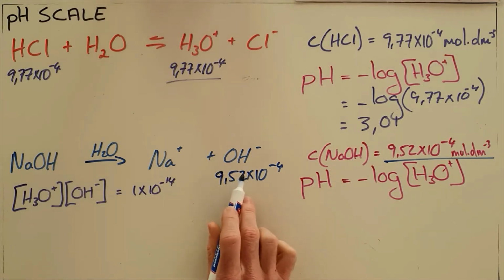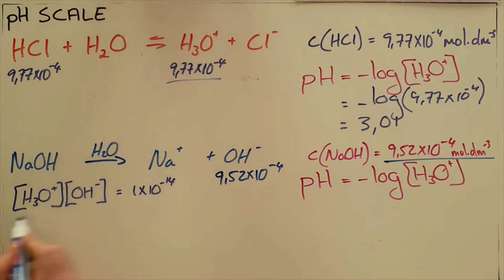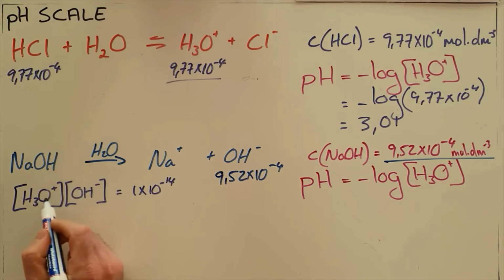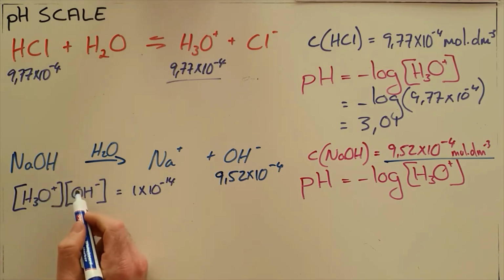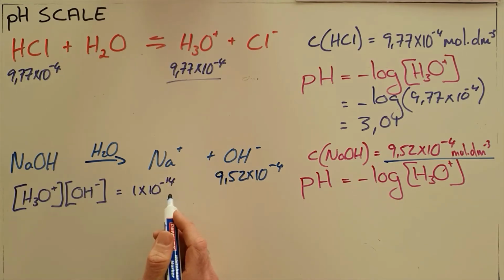But that is our hydroxide concentration and not the hydronium concentration. So there we use the ionic product of water, which is this identity that says the concentration of hydronium multiplied by that of hydroxide will always be 1 times 10 to the minus 14 in water at 25 degrees Celsius.